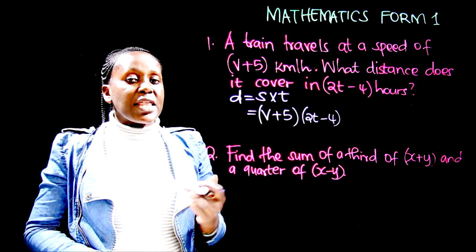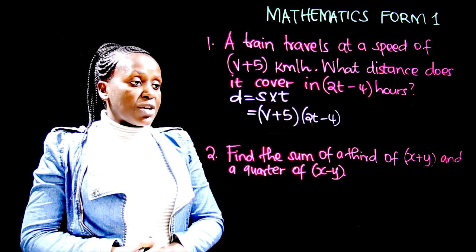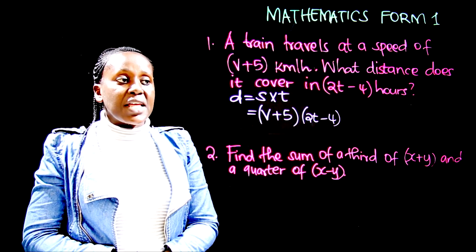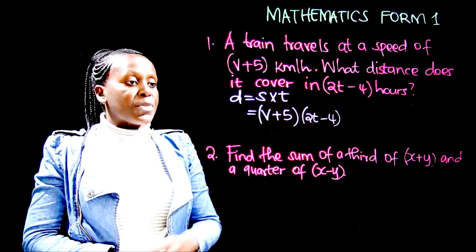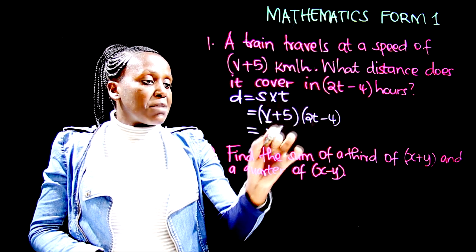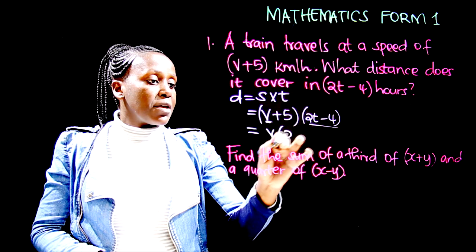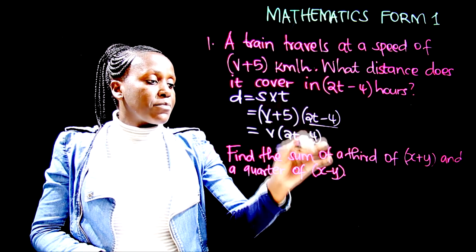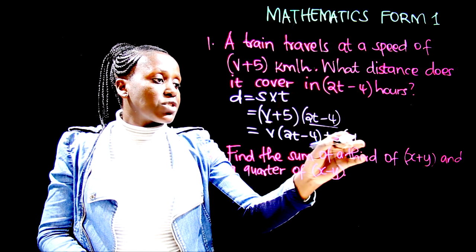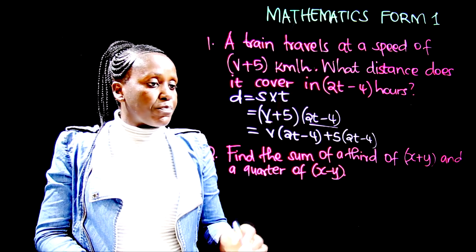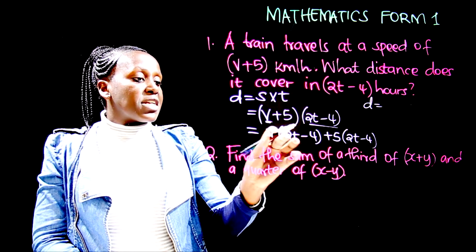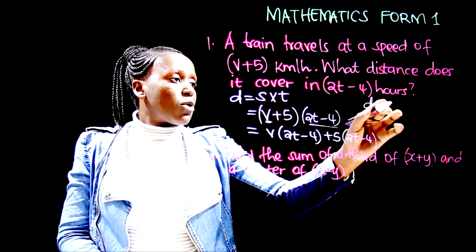So when we multiply the two, the expression that we are going to obtain will be the expression representing the distance covered. So to open the brackets, we begin by multiplying v by 2t minus 4, then plus 5 multiplied by 2t minus 4.